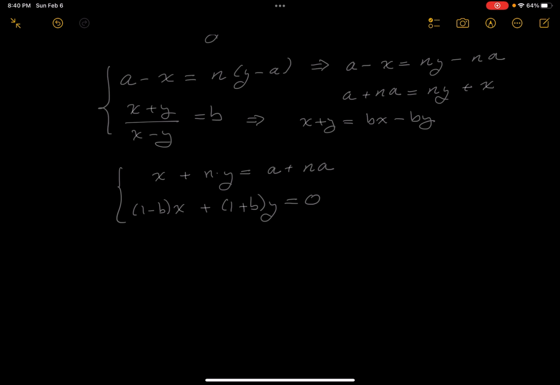And now I'm going to do an elimination. As I do that, I realize that I'm going to be doing some multiplication, so I'm going to write this as a product. This product is really just a times 1 plus n, or n plus 1. Let me multiply both sides of the top equation by 1 minus b, and I'm going to put it right below the bottom equation now. So if I took the top equation multiplied by 1 minus b, you'd get 1 minus b.